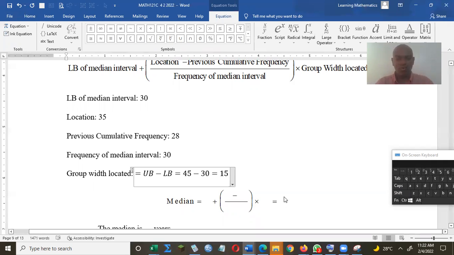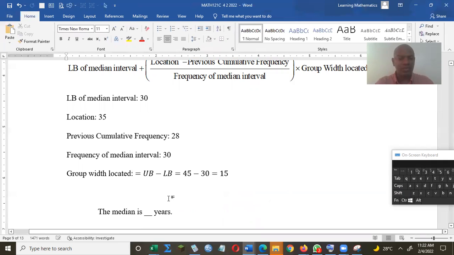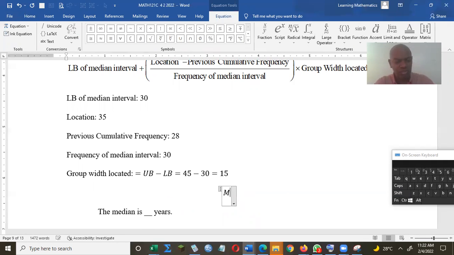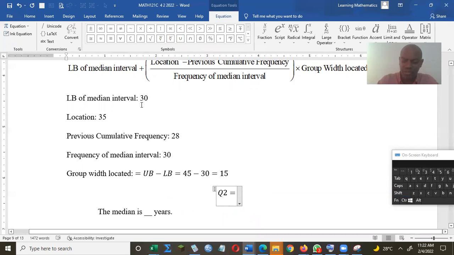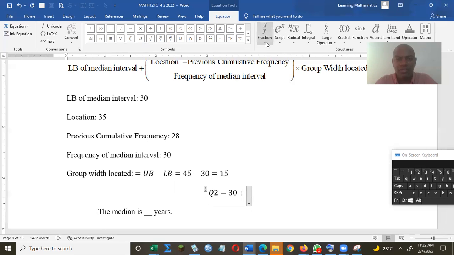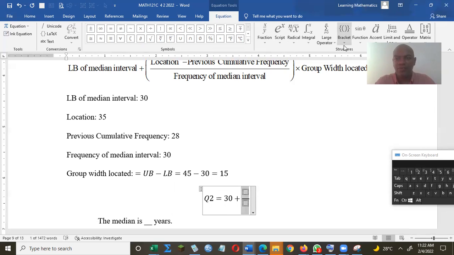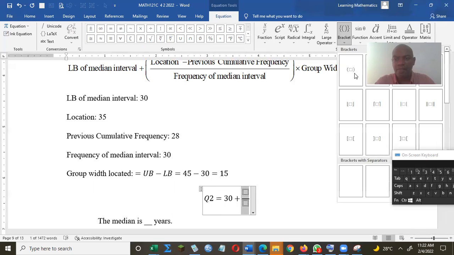Okay, and now we substitute into this formula. We go to insert equations. The median now, or we can just put Q2. Q2 is a symbol for median, is equal to the lower boundary, which is 30, plus, we want a fraction. We'll put this in a bracket because the formula has it in a bracket.